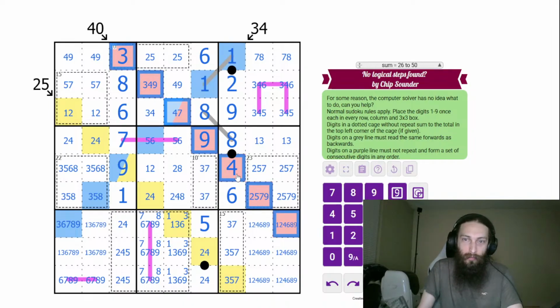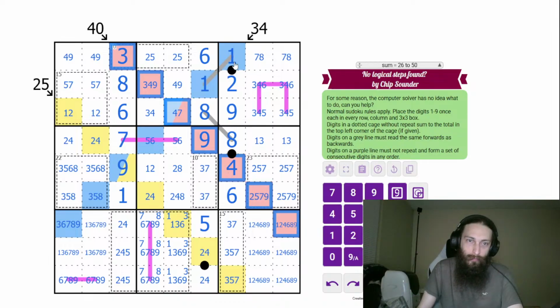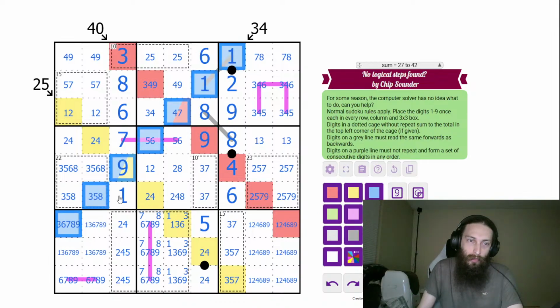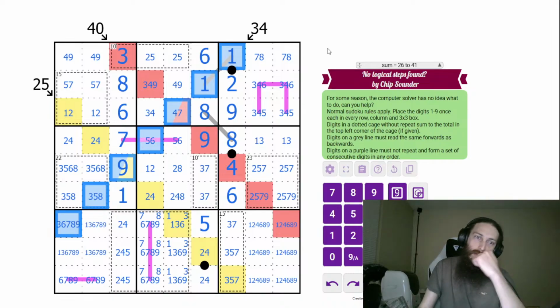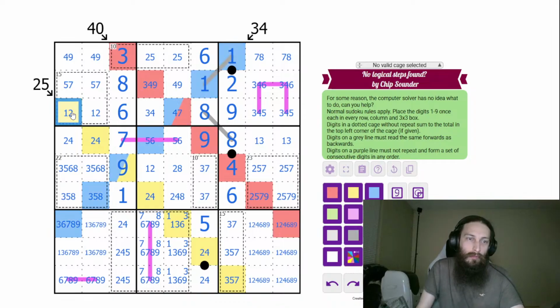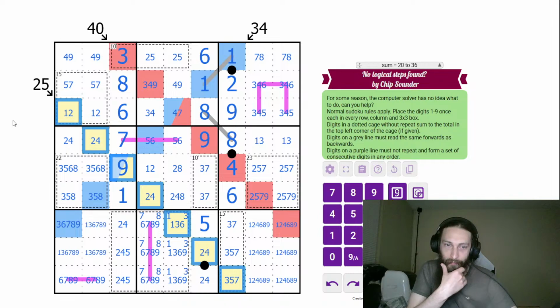The red set is 10 less than maximum. Blue set is 7 less than maximum. The yellow set is 5 more than minimum.